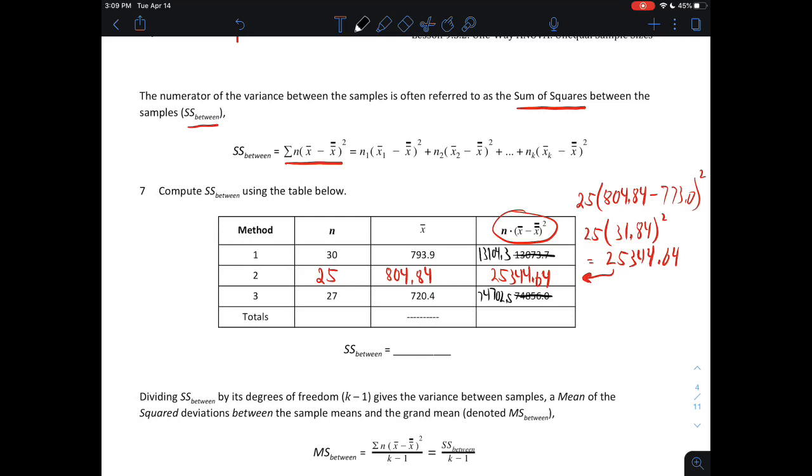So now I'm going to total those. So I take what I have for method 1, 13104.3, plus 25344.64, plus 74702.5. And when I add those, I get 113,151.44. That becomes SS between.